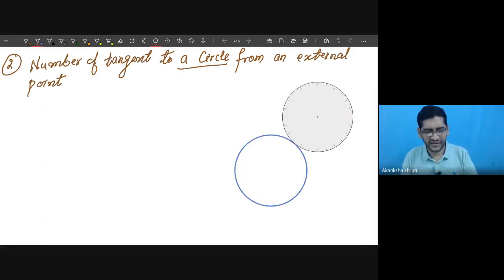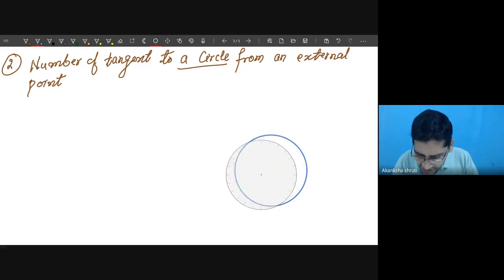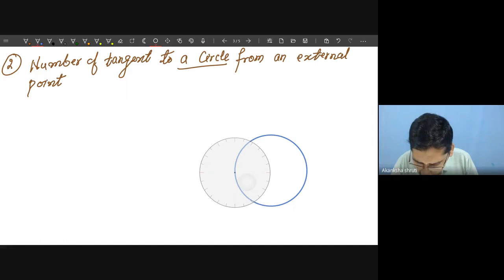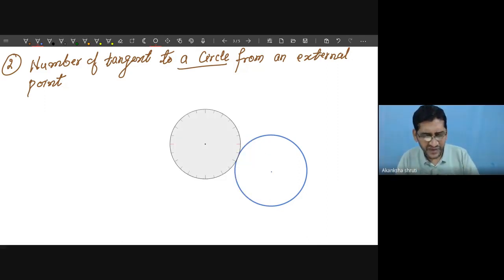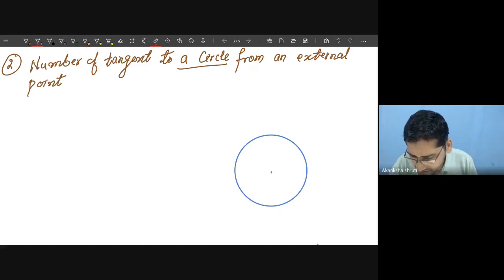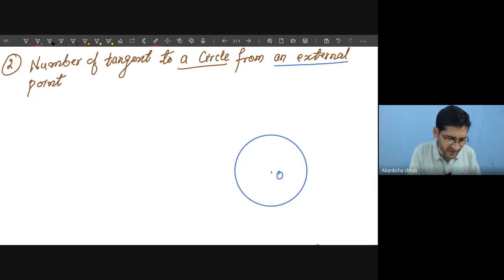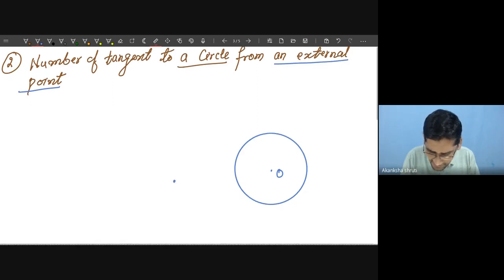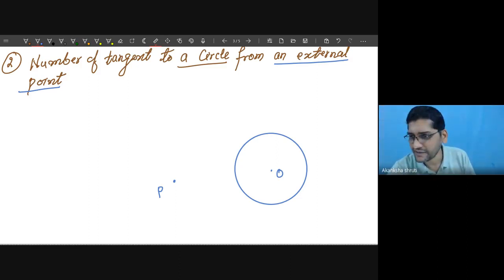Let us consider this as a circle with center O. Now let us take another point, any external point P. Students, this P may be on either side, or anywhere outside this circle.